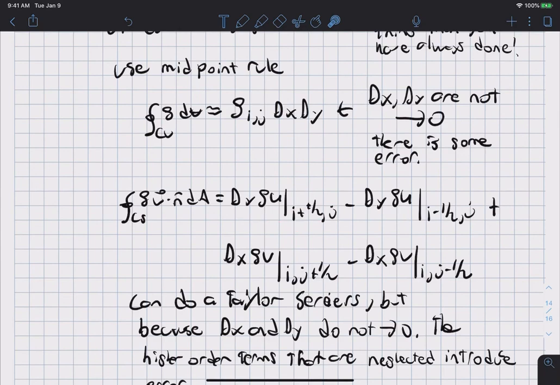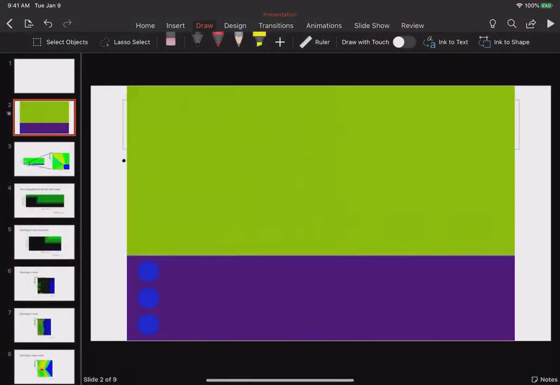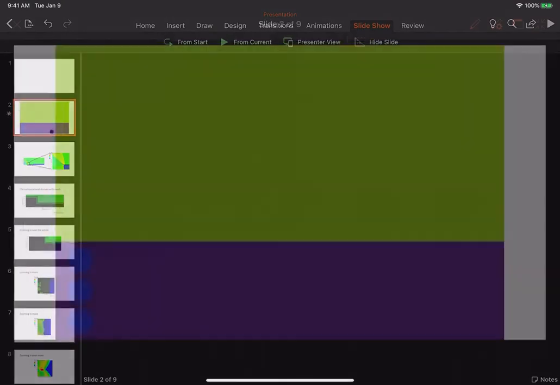Okay, and there are a lot of ways of doing that, and we're not going to get into that in this class. But I will show you some examples of CFD in the finite volume method and how that works in our group. So here's slideshow, play from current.